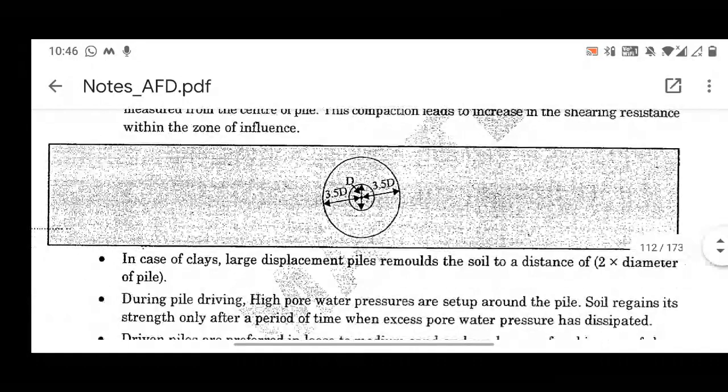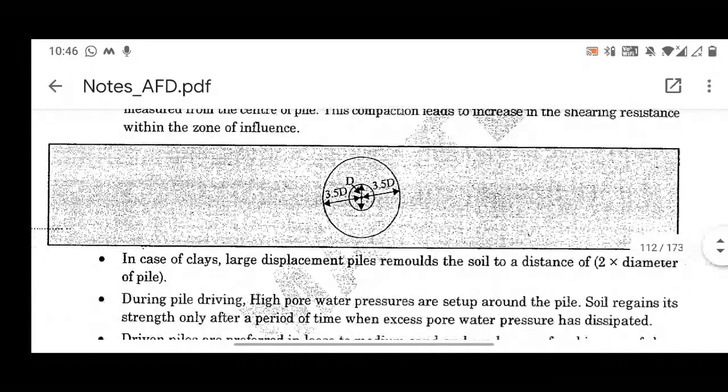That is why we don't have the proper shear strength in the clay soil mass once it is compacted or once it is hammered. Now, once the entire pore water pressure gets dissipated, the soil will regain its strength after a period of time, and then only we'll have the proper shear strength in the clay soil mass.